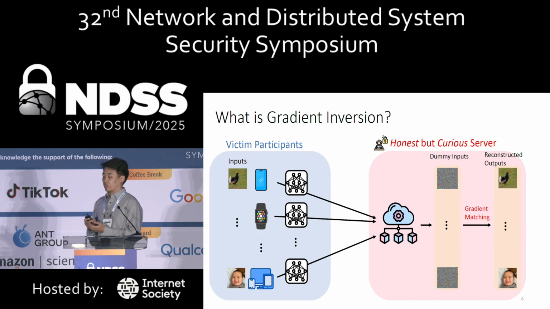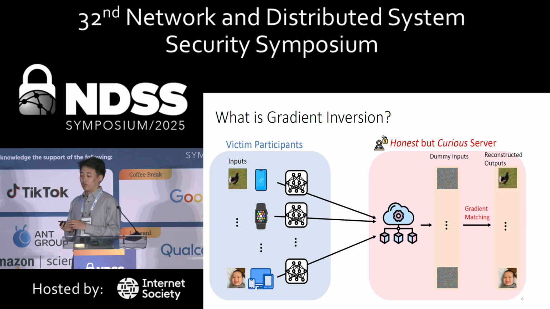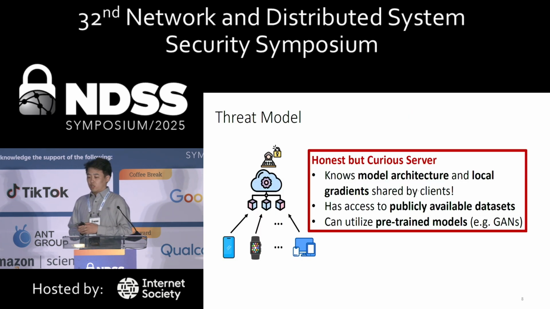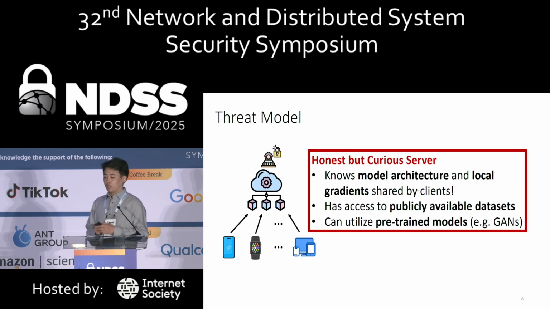This demonstrates a privacy leakage concern in federated learning. Even without touching the raw data, it can still invert meaningful images only from the gradient. So here comes our threat model.